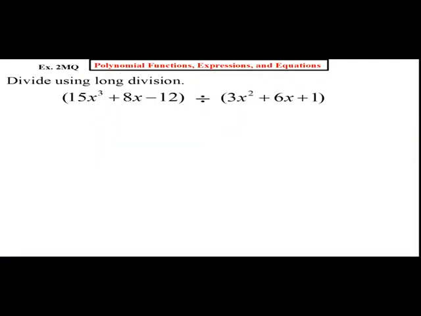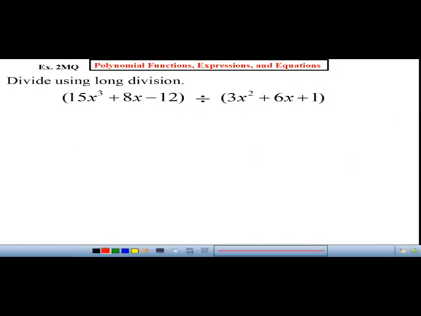Once again, it says divide using long division, and they give us 15x cubed plus 8x minus 12 divided by 3x squared plus 6x plus 1. All right, Ivan, what's the first thing we check for? Standard form.